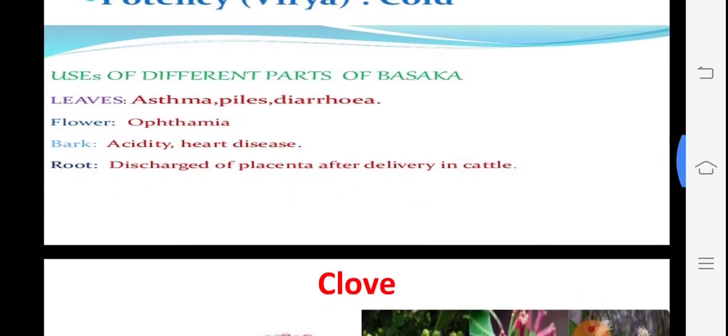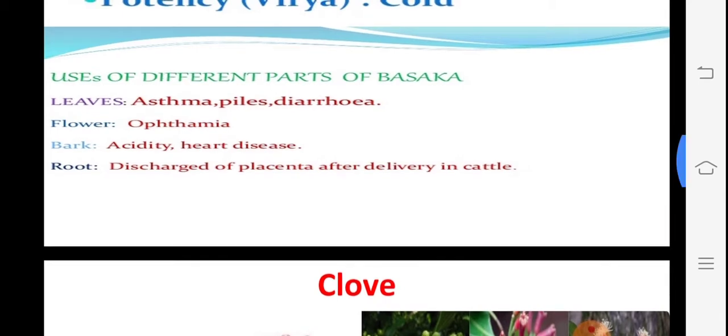Then uses of different parts. It is also commonly called basaka in some regions. The leaves are good in asthma, piles and diarrhea. Piles in Marathi is called mulvyad. Diarrhea means dysentery caused by wrong food material. Flowers are good for ophthalmia, diseases of the eyes.